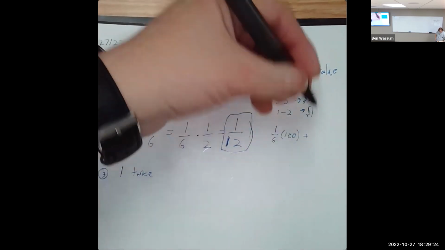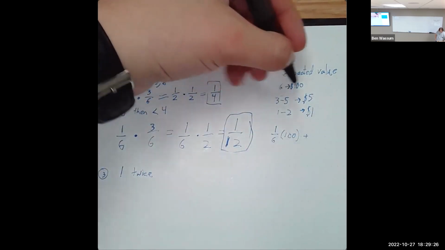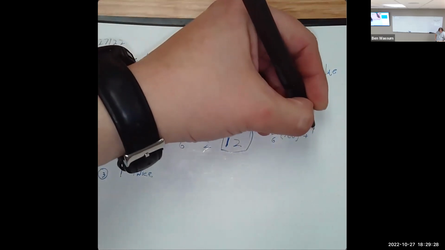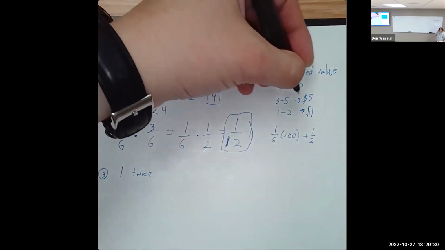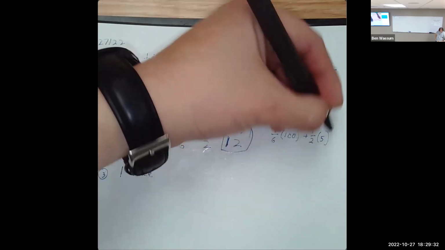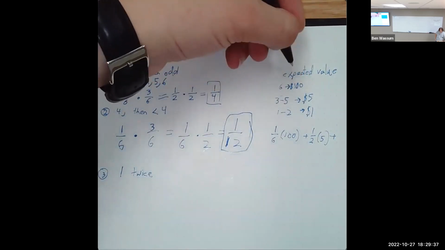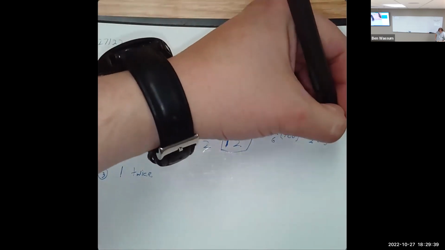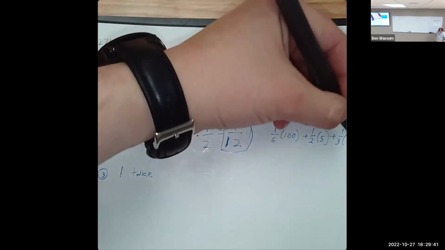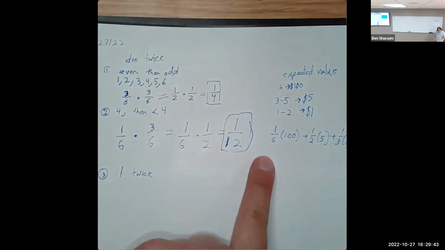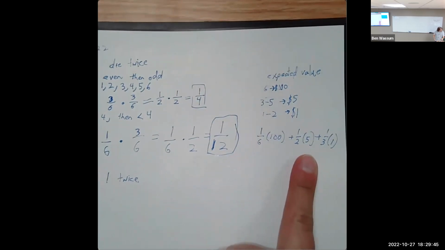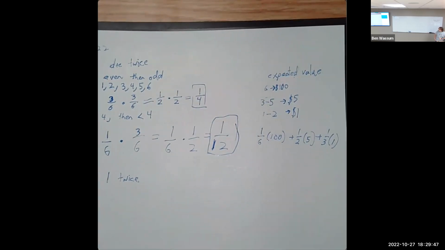And then you would add 3 through 5, that's 3 options, so 3 out of 6, 1/2, you get $5. And then 1 and 2, that's 2 options out of 6, a third, and you get $1. You'd multiply this out and add them up, and that's the expected value of doing it over and over and over again.